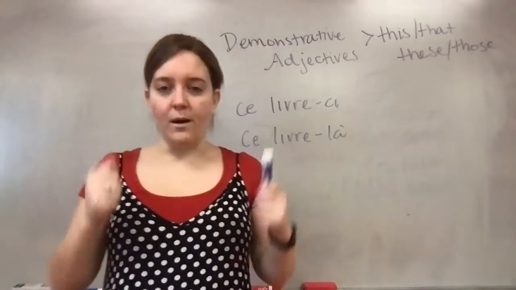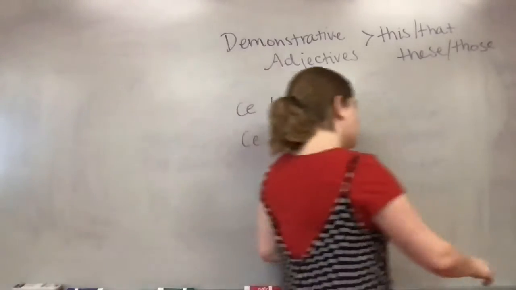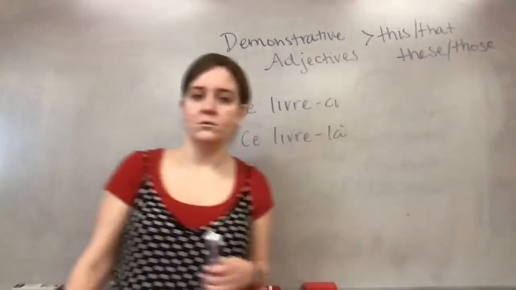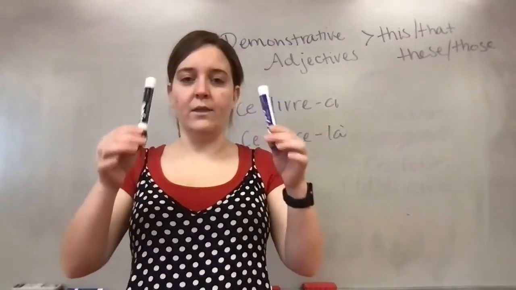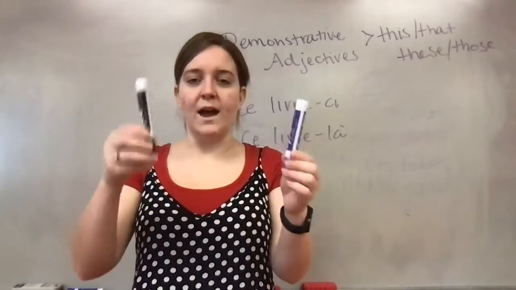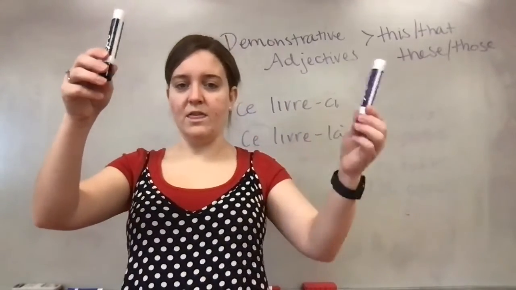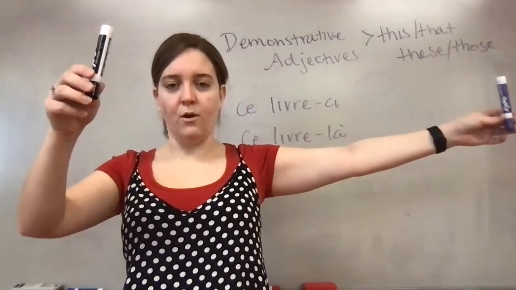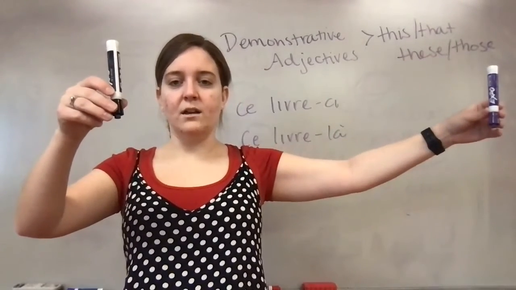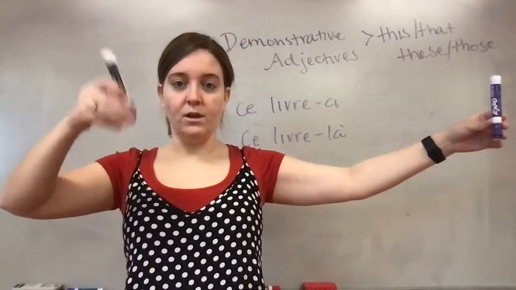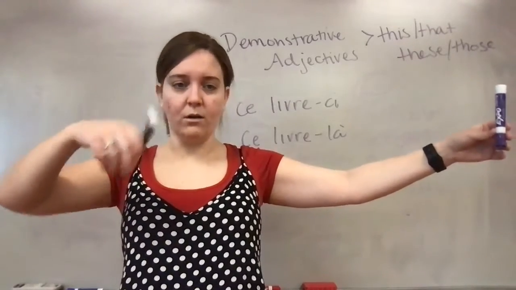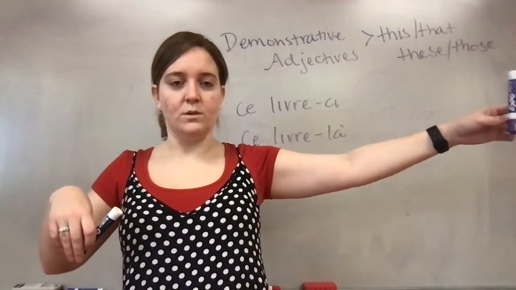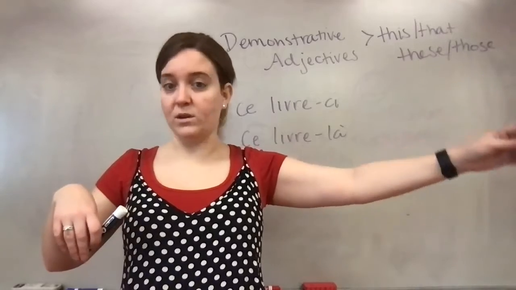So if you have two objects together, let's pretend that these are books. Okay, so we have this book here and that book over there. Okay, so let's say this book is all the way over here, far away. So if you're saying, I want this book right here, in English, we say this book here. And in English, we would say that book over there or that book there.